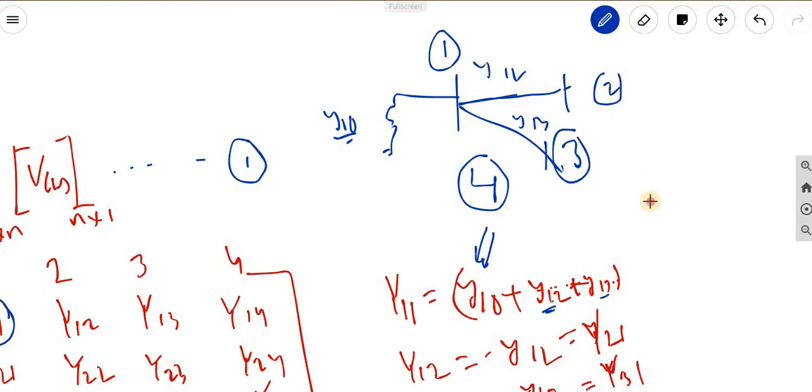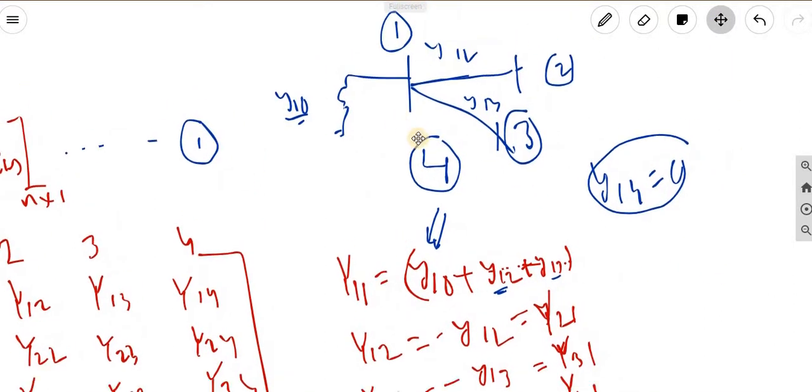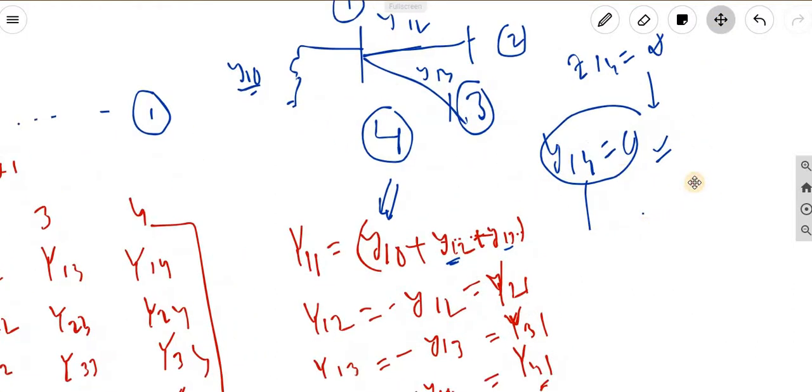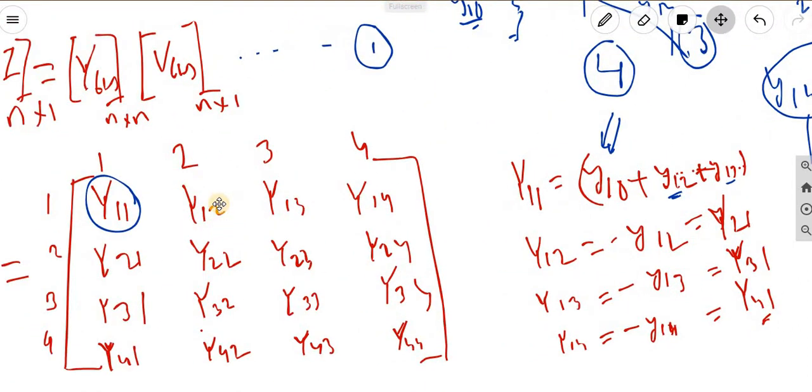But here there would be no Y14, because it is not connected, obviously admittance is nothing, because impedance is infinite. So for Y14, impedance will be infinite, so admittance will be 0 definitely. In that way also you can present it.